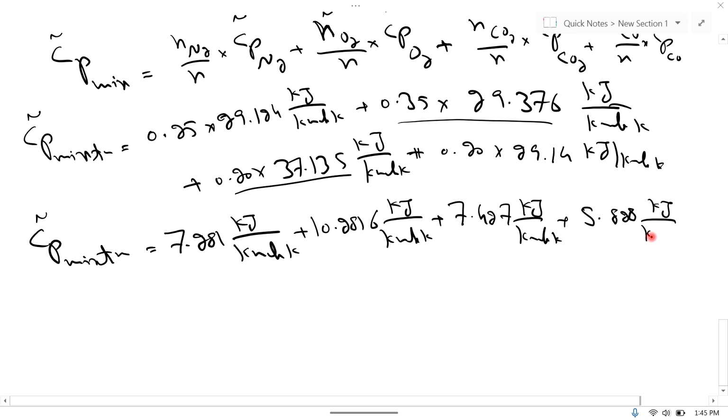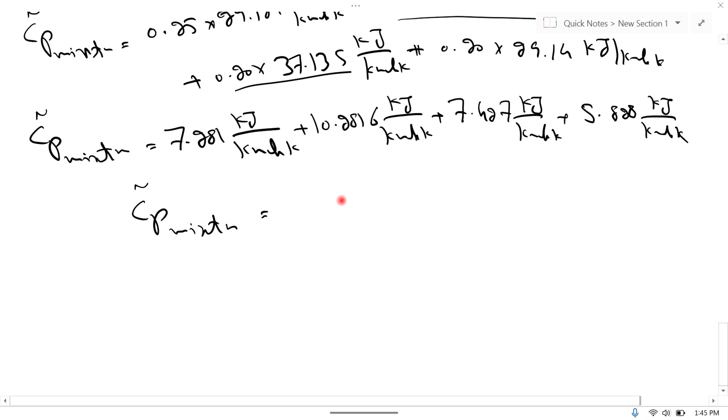Now add all these values, so the final value of Cp of the mixture is 30.817 kilojoule per kilomole per Kelvin.